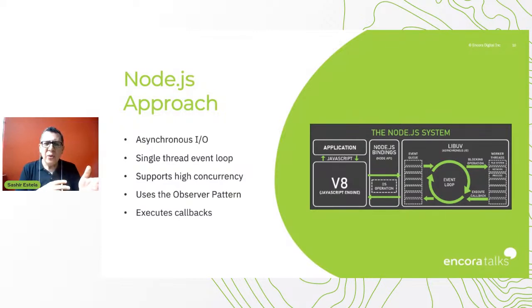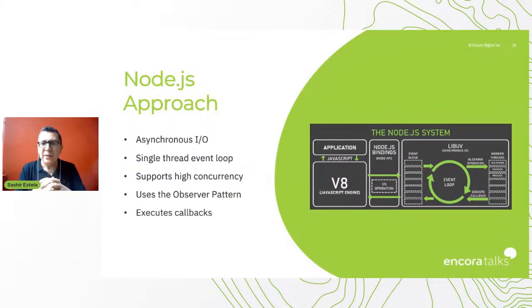That approach was translated to the backend thanks to Node.js. In that way, Node.js was able to handle tens of thousands of concurrent requests. So it was really impressive to have this approach on the backend side.